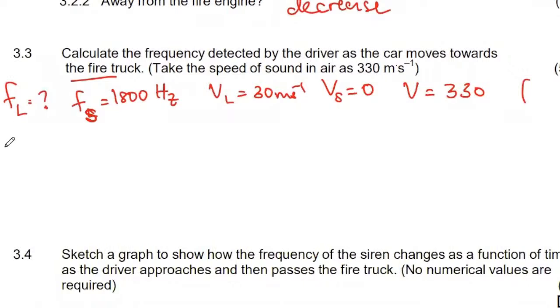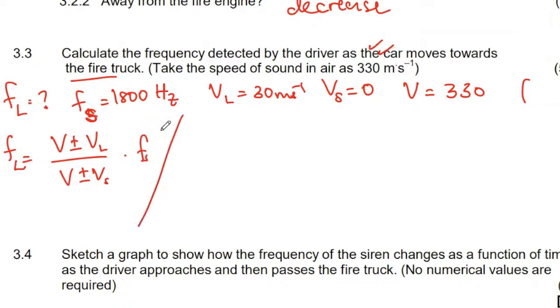Let's get the formula. The frequency of the listener is V plus or minus VL over V plus or minus Vs, times the frequency of the source. Since we expect the driver to have a higher pitch or higher frequency, the top part is going to be more and the bottom part is down.